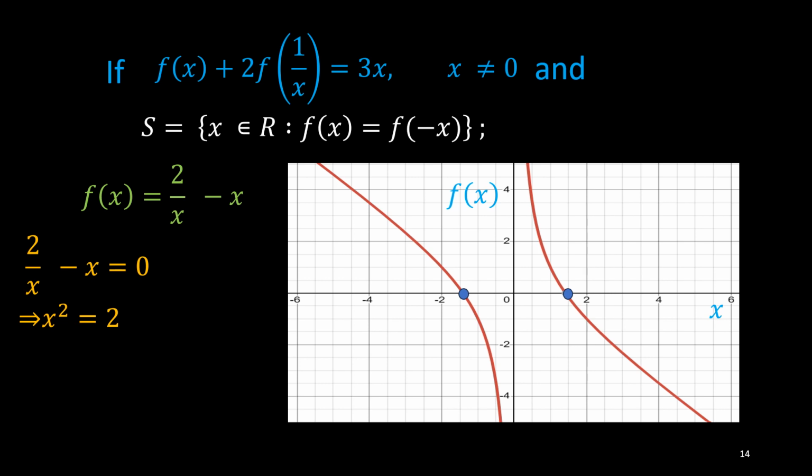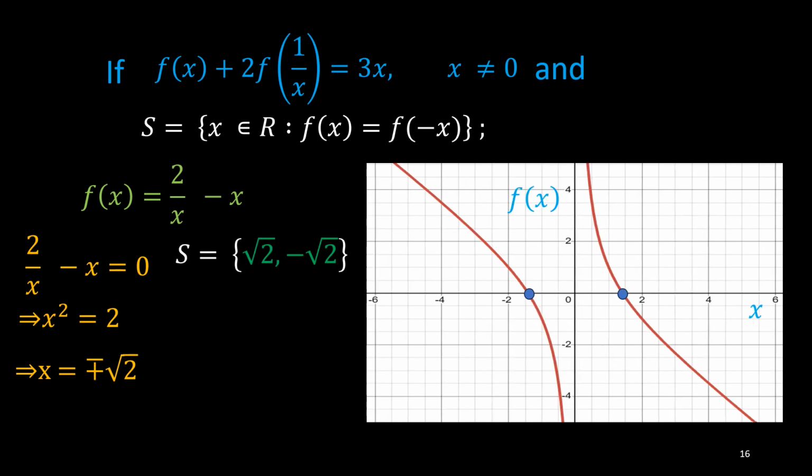So x equals plus or minus square root 2. So these are two solutions for this equation. Thus in the S set we should have these two elements, plus square root 2 and minus square root 2. Right? So these are the only two elements in the S set.